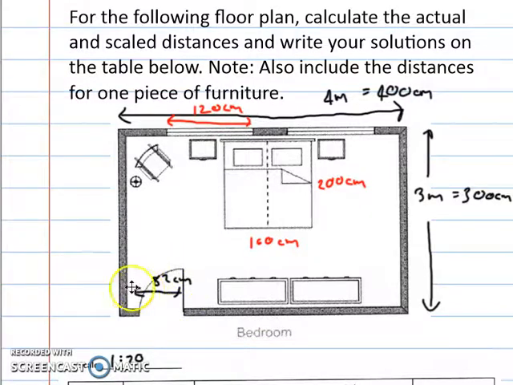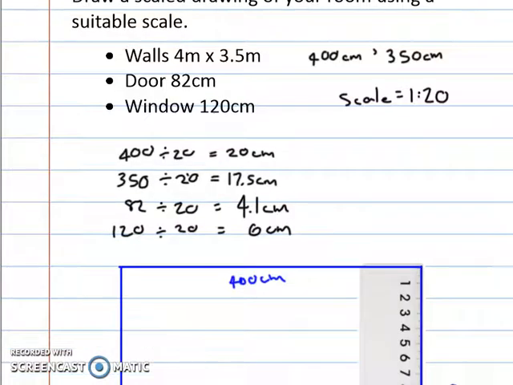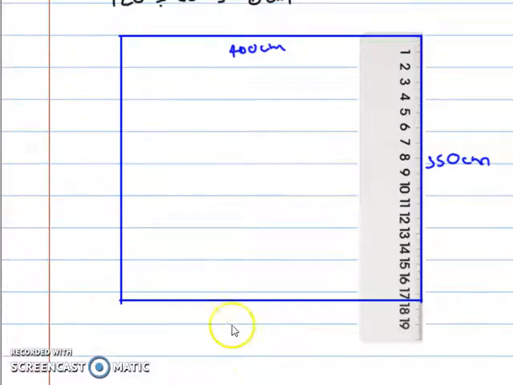So your door should look something like this. I'm going to do my best. It's really hard when you're doing it on a drawing like this, so I think I'll bring the line in a bit. I know the door has to be 4.1 centimeters, so I'll grab my ruler.